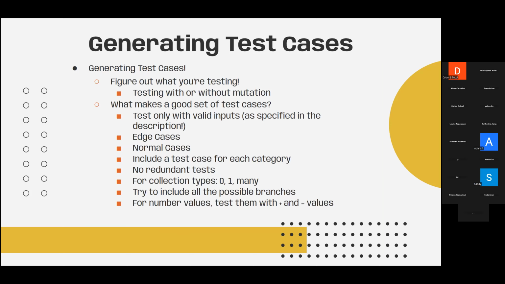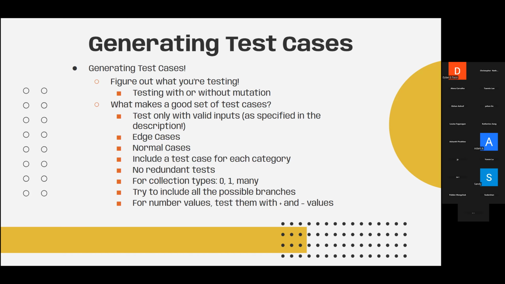There are a few rules that we should follow for a good set of test cases. First, always make sure that we are testing with valid inputs. In the doc string, we will have preconditions, and our test cases need to follow those preconditions.